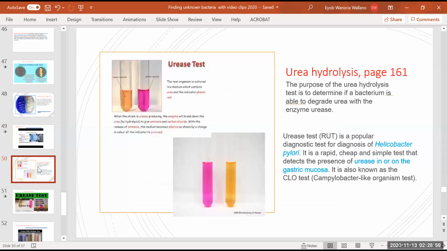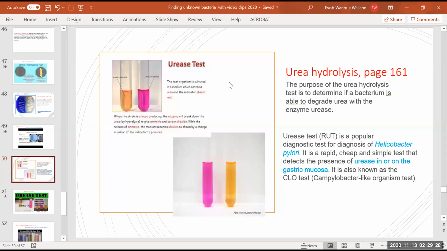So coming to another one, the urease test. The urease test is to analyze if the sample which we took has Escherichia coli or Helicobacter or another bacteria. Here the very interesting thing is that this urea has an enzyme, urease.